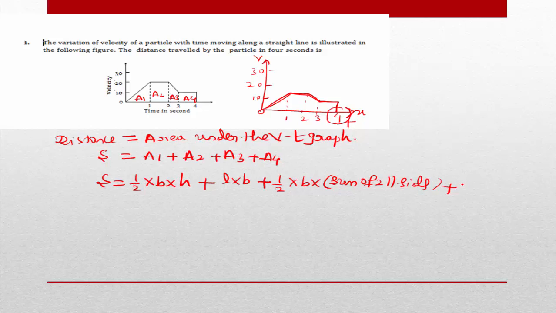Plus the fourth one, that is the square, S into S, or you can calculate length into breadth. Okay. Area under the VT graph, area A1 plus A2 plus A3 plus A4.